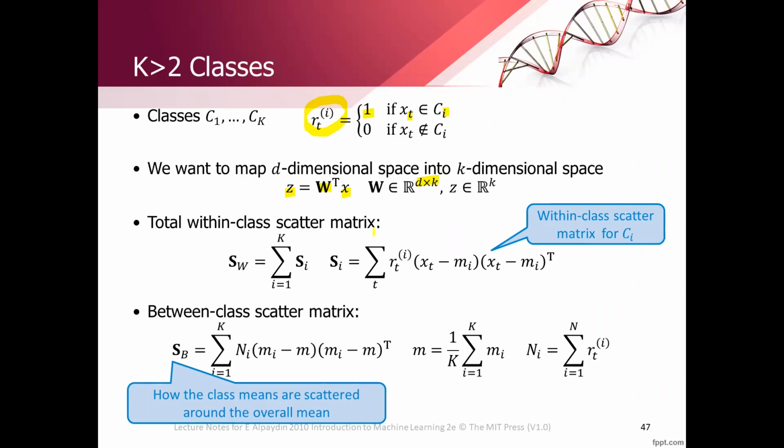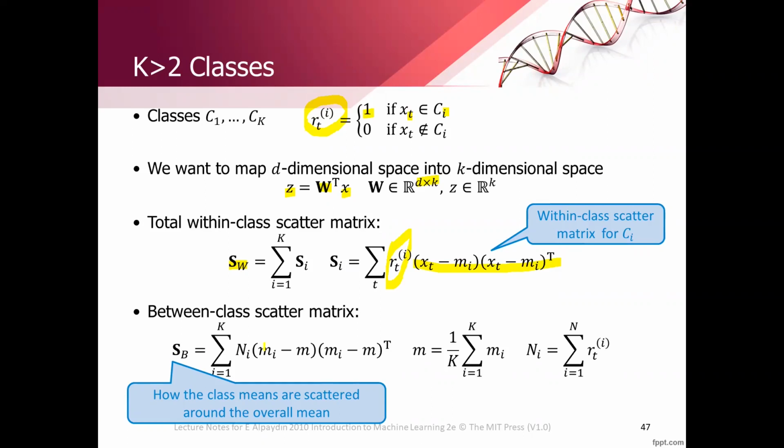The within class scatter S sub W is the sum of scatters for each of the classes, and the scatters have almost the same formula. The only difference is that instead of R sub t for two classes, now we have R sub t superscript i for the corresponding class.